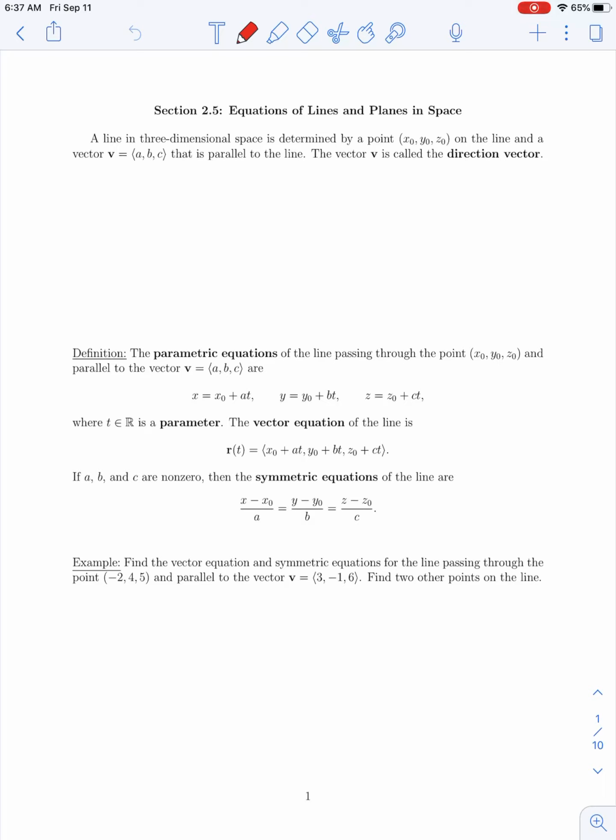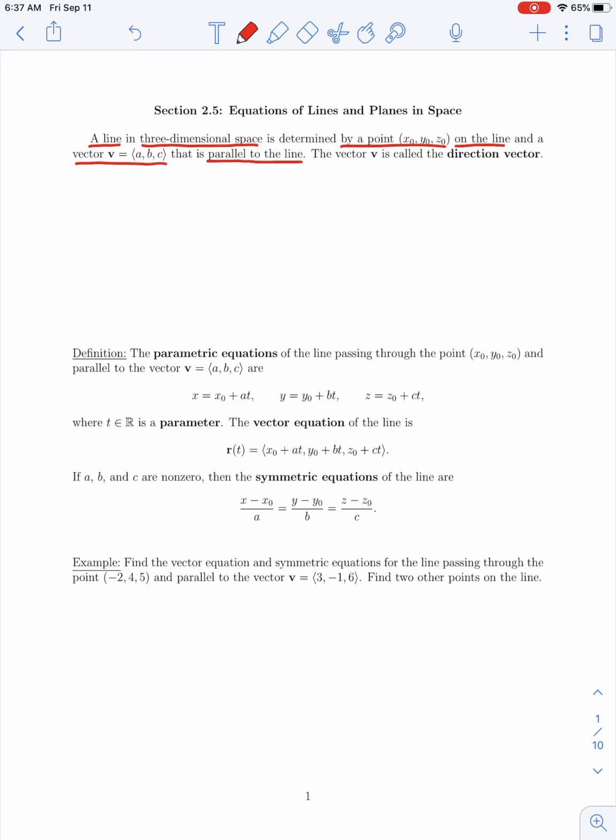So similarly, for a line in 3 dimensions, we need 2 things to define our line. So let's introduce the following concept. A line in 3-dimensional space can be determined by a point, x naught, y naught, z naught, which lies on that line, and a vector, which I'm going to denote as v, whose components are a, b, c, which is parallel to the line.